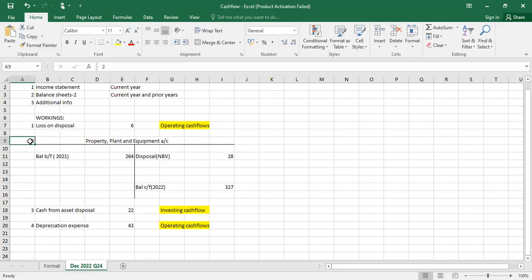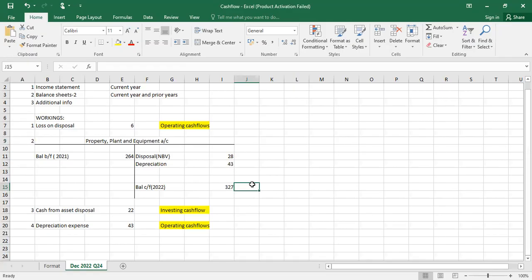When that's the position, then of course we have to remember that depreciation decreases PPE, and so we need to credit PPE account to decrease them, and say that we have depreciation. This is 43.